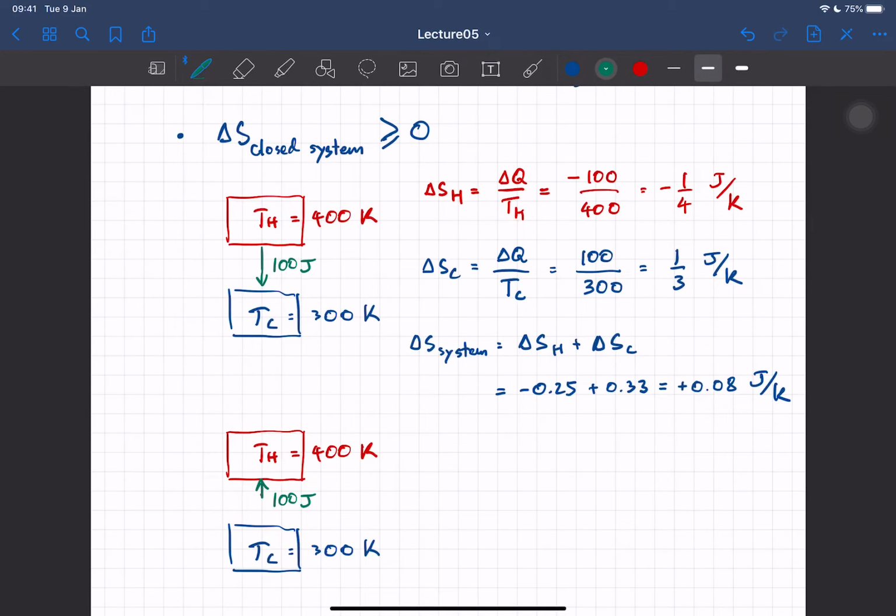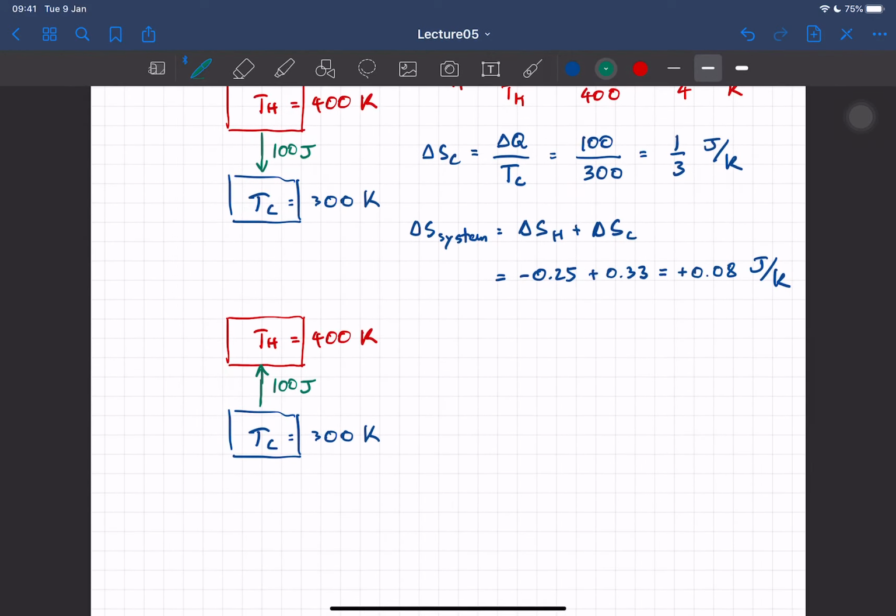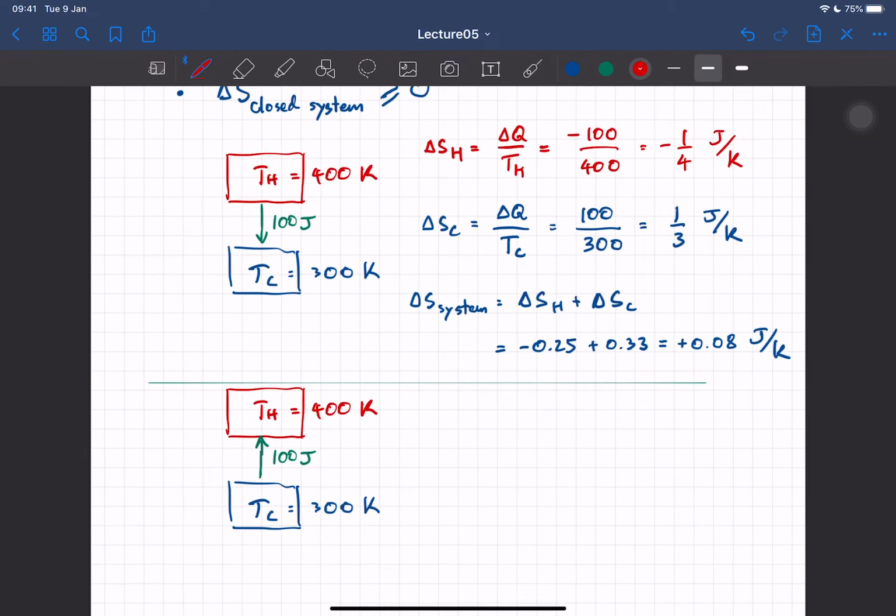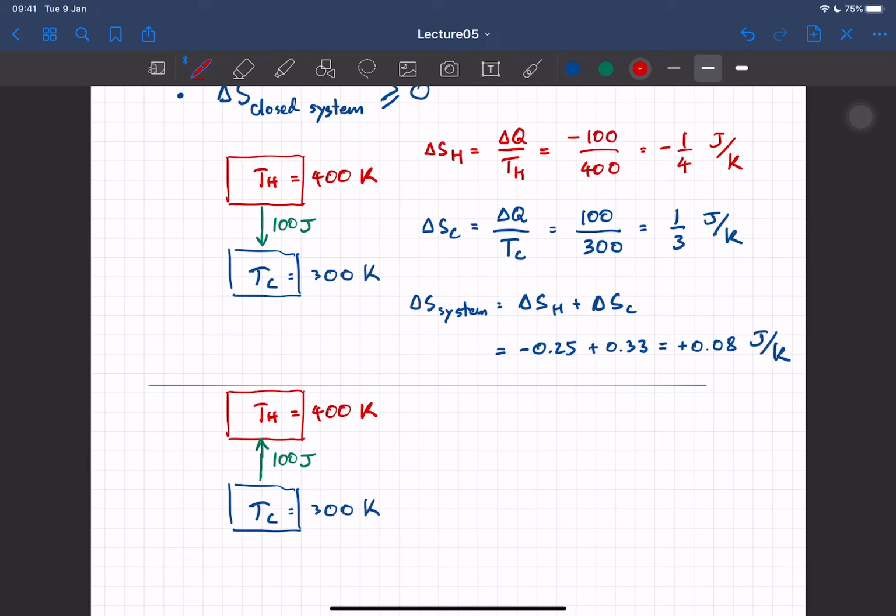So now instead of flowing from hot to cold, it's flowing from cold to hot. And let's put a small division here so that it's clear what we are talking about. All the calculation is almost the same except you flip the sign. So I'm going to go a little bit faster here. Delta SH is going to be plus 100 divided by 400.